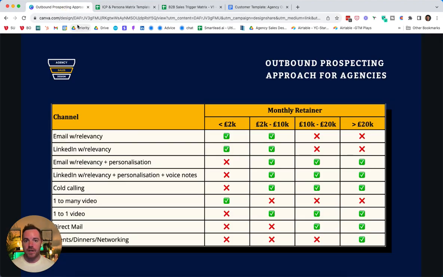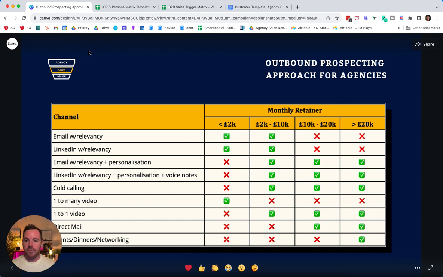Unfortunately, a lot of the emails that I see marketing agencies send are just not relevant. They're very much spray and pray, and that is you've built a list with 2,000 of a particular job title and you send the same message to all 2,000 of those people. That is not relevant. That is not going to work, and unfortunately that's how most people think about outbound prospecting.